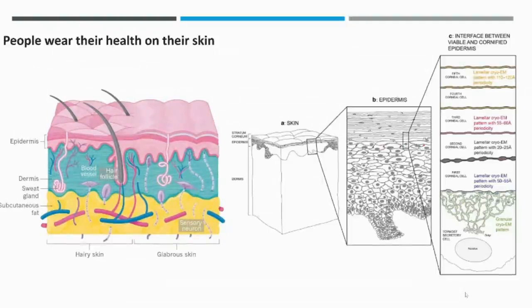As an intro to the structural characteristics of the skin, as you all know, people wear their health on their skin, right? As the body's largest organ, skin is one of the first lines of defense against infections and injury. It is a thermoregulatory organ as well, and it plays a significant role in endocrine function with vitamin production. There are sensory capabilities to it.